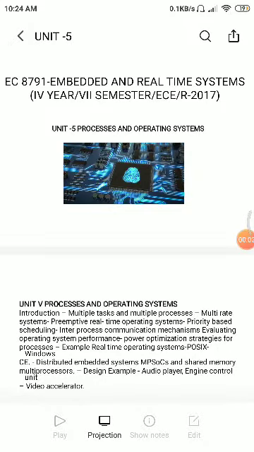EC8791 Embedded and Real-Time Systems, final year 7th semester ECE, Regulation 2017, Unit 5: Processes and Operating System.